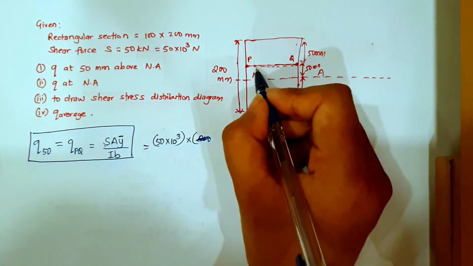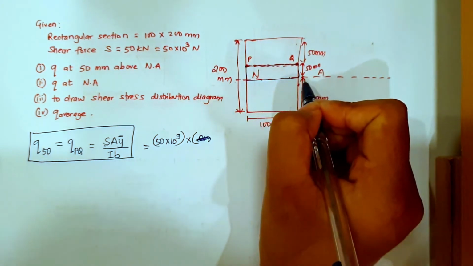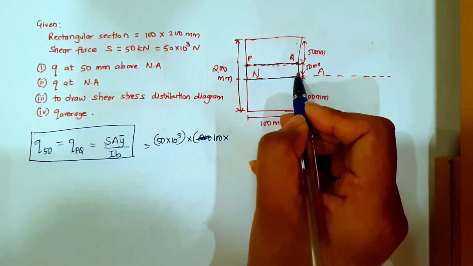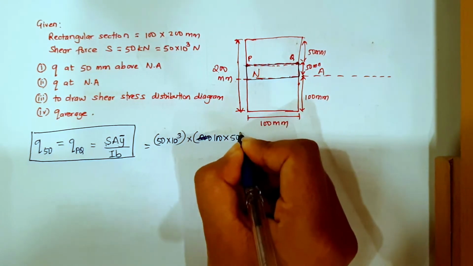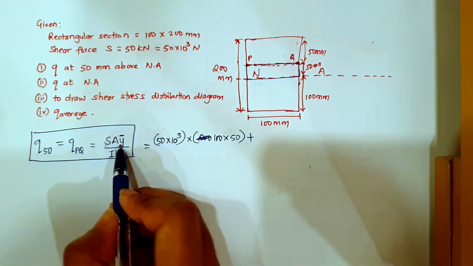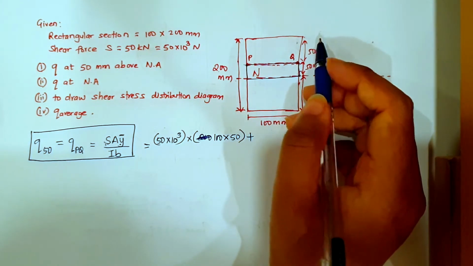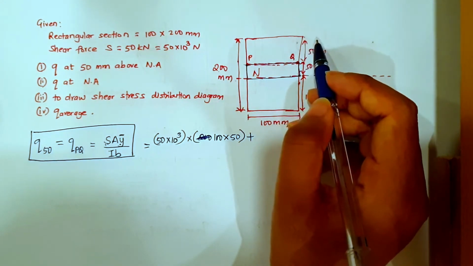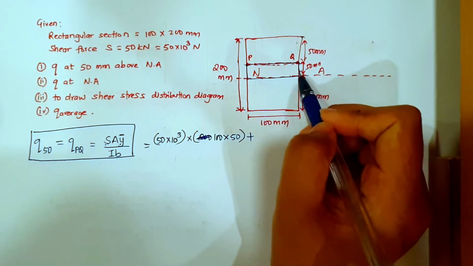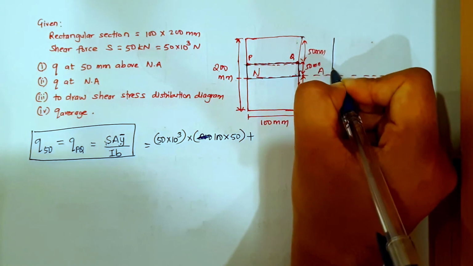We need to take the area of this much section only, just this much. So how much will it be? From here to here it is 100. So I have 100 into, and its depth is 50. So 100 into 50, plus y bar is the distance, right, which we take from the neutral axis. So we need to come from the top, all the way from this top portion till this neutral axis line.